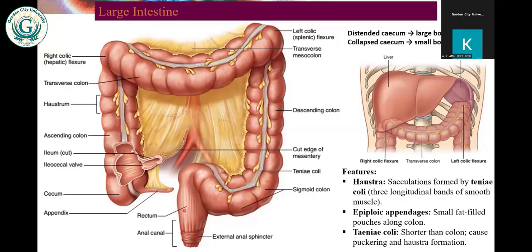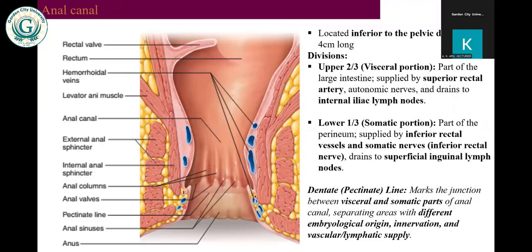In fact, the word rectum means straight, but we know that the rectum is not straight. There are some curves. The lower part of the rectum, this part here, is what we refer to as the ampulla.